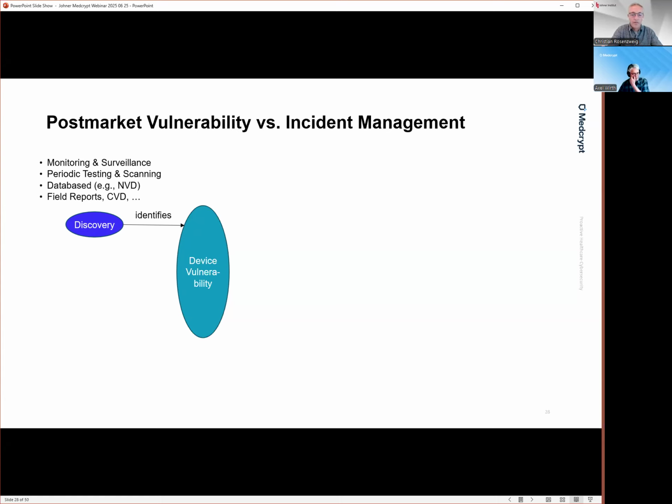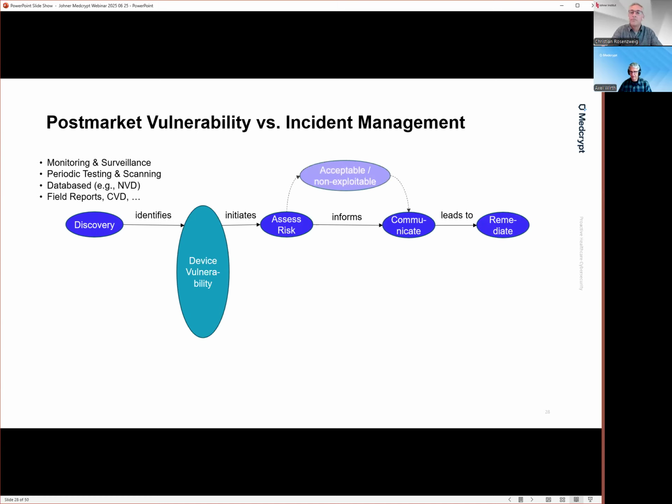We talked about that a couple of slides ago. That then initiates your post-market risk assessment, which then leads to communication to your customers, potentially even regulators, as we said, and then it leads to remediation of the newly identified vulnerability, and there's a decision in between whether that vulnerability is acceptable or not exploitable. Obviously, then no remediation is required.